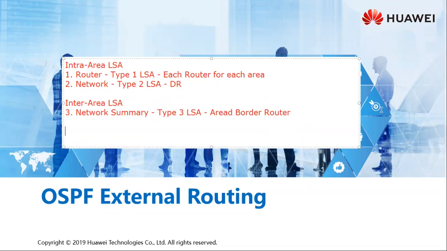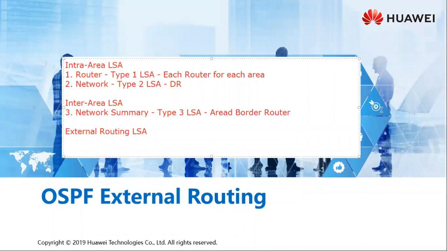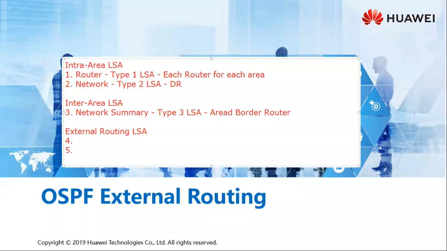Okay. So at this particular point, we want to see external routing LSAs. So we have two types of LSAs that enable us to do external routing. One of them is what we call the ASBR summary LSA.